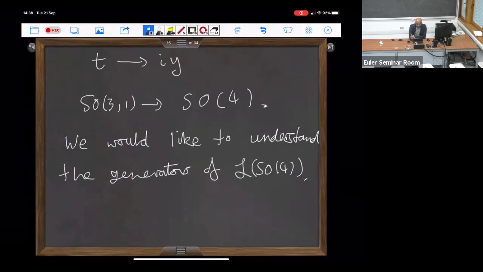And what I want to do for the remainder of today is understand the Lie algebra of SO4, and then how it relates to the Lie algebra of the Lorentz group that we derived before. And then we'll go on to talk about how to construct the representations.